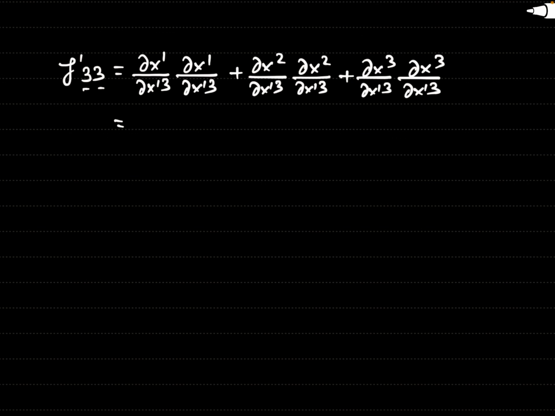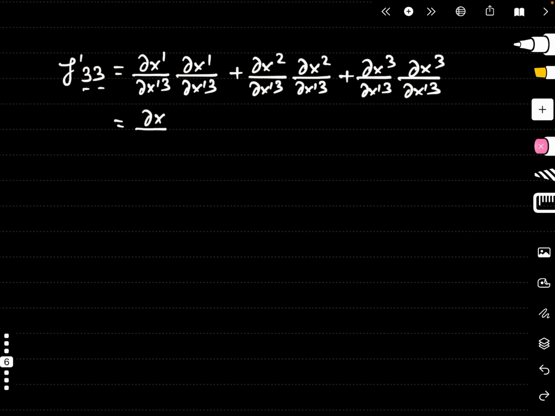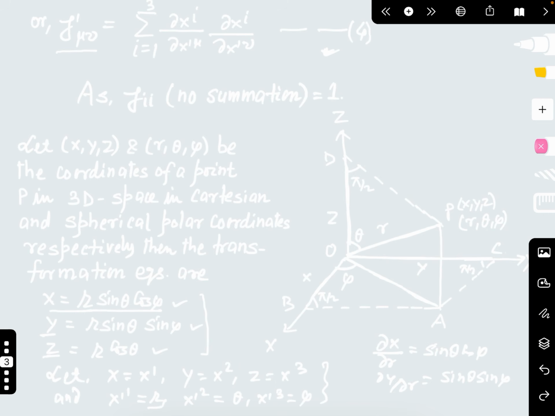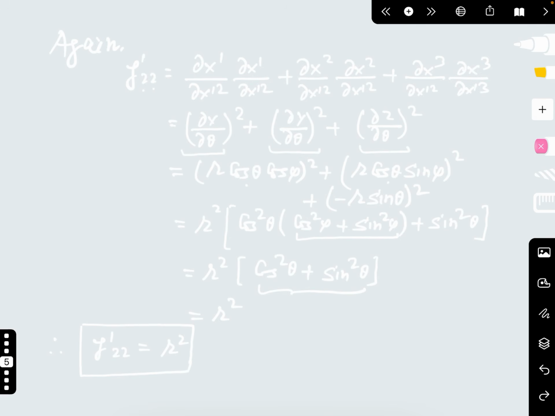Now again we will write x instead of x1, and so this will be del x, and you know x3 prime. You can see here, we have assumed that x3 prime is equal to phi.